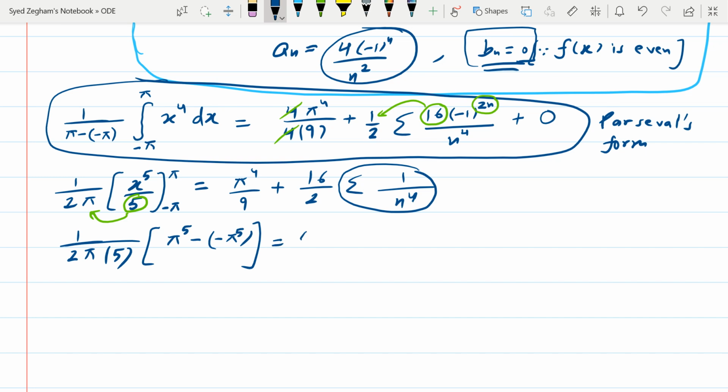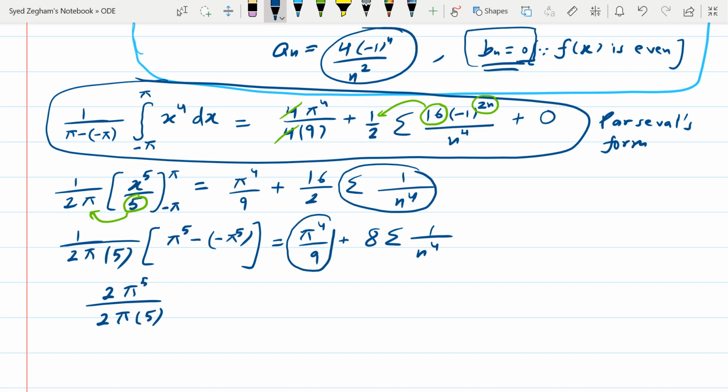And this is equal to pi power 4 by 9 plus 16 divided by 2, that will be 8 times summation of 1 over n power 4. Little more simplification, pi power 5 and minus minus plus. So pi power 5 plus pi power 5, that will become 2 pi power 5 divided by 2 pi multiplied by 5. And this pi power 4 by 9, you can shift it to the left side of the equation. So it will become minus pi power 4 over 9.